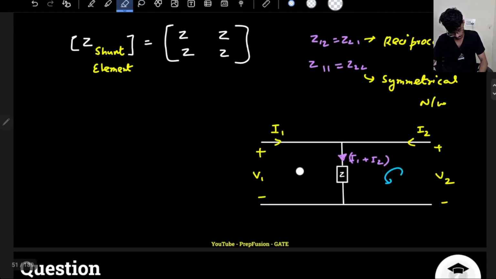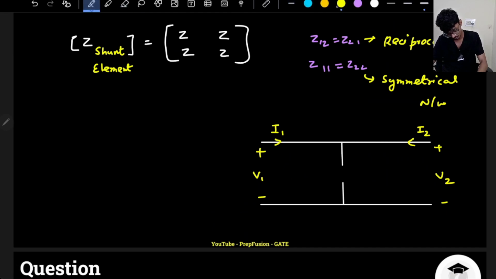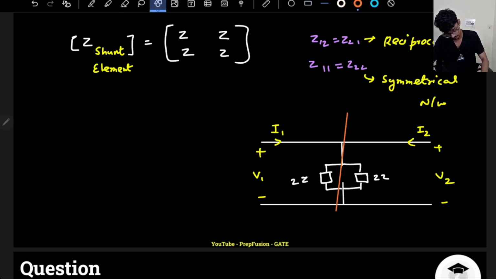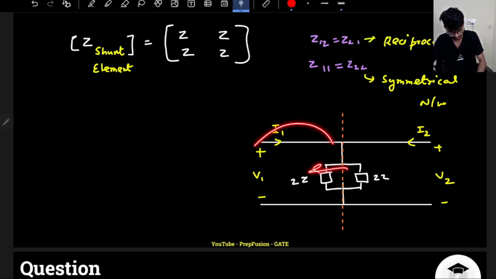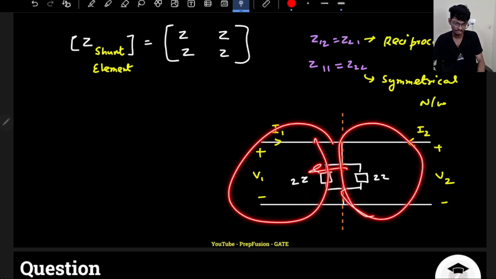So the z can be replaced like this. So this will be 2z into 2z. Now if I cut this in half about the middle, about the center, whatever I see on the left hand side, the same elements I will see on the right hand side.